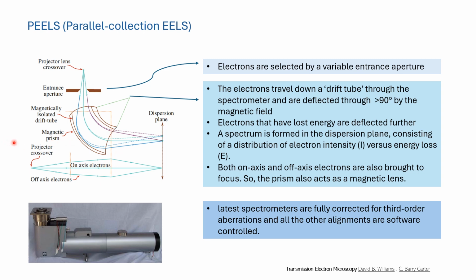Now the electrons that have lost energy are deflected farther than those suffering zero loss, and a spectrum is formed in the dispersion plane consisting of a distribution of electron intensity versus energy loss. Electrons suffering the same energy losses but traveling in both on-axis and off-axis directions are brought back together in the focus on the dispersion plane of the spectrometer.